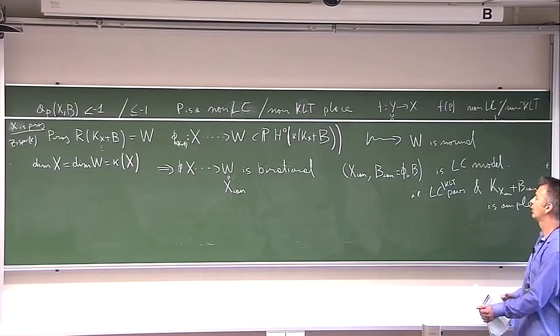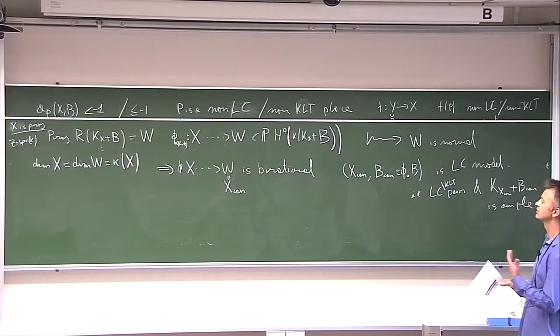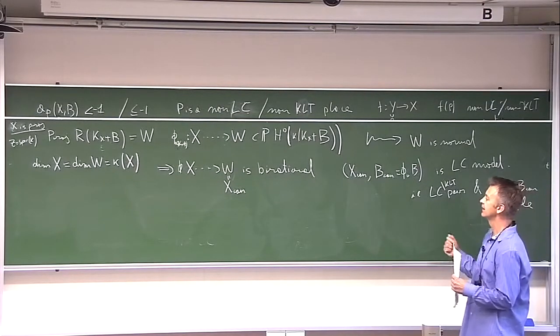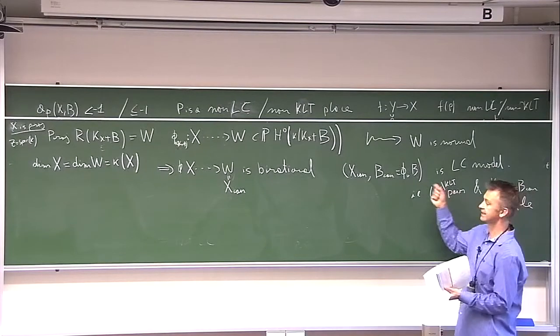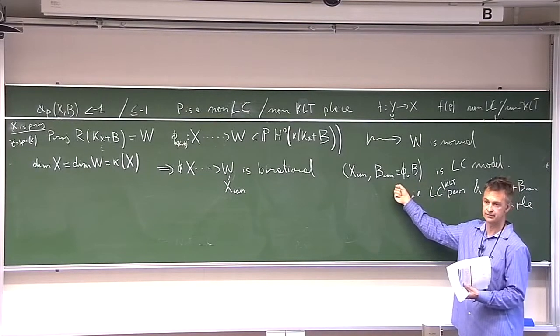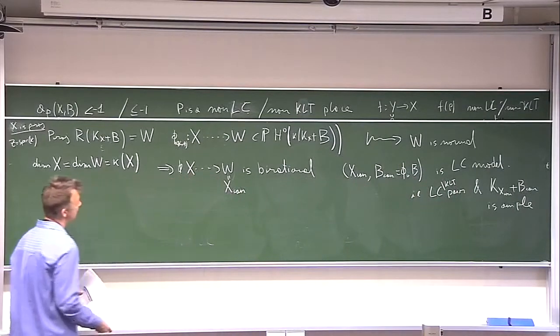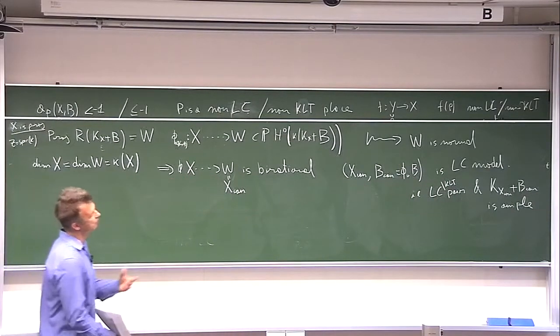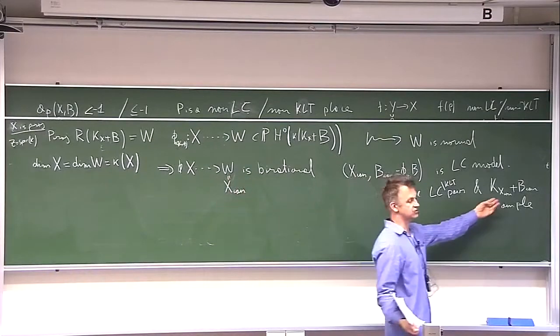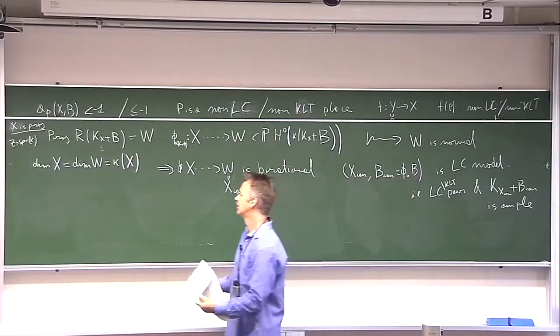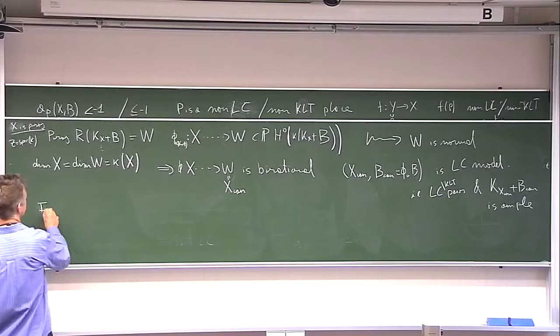There's one small thing that you have to check, that the singularities didn't get worse, and you also have to check that this gadget is ample. Let me not do all the details, but the idea is the following.